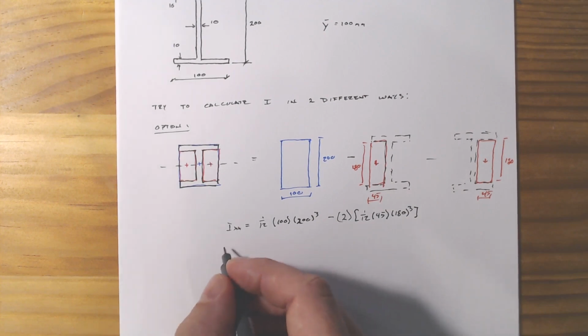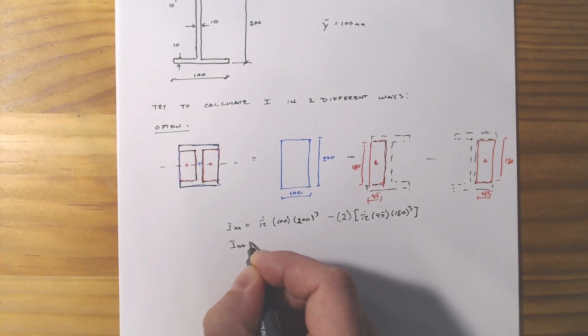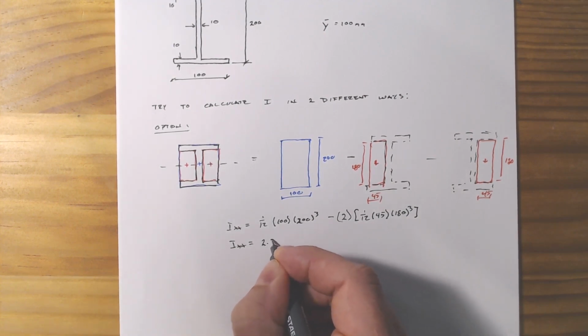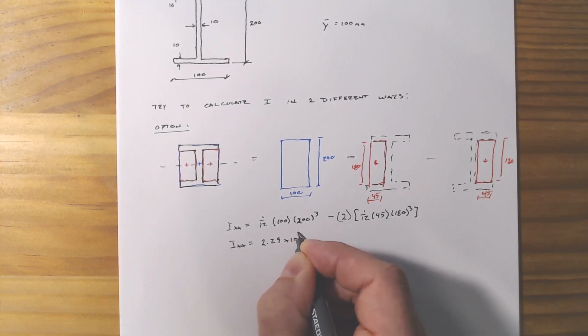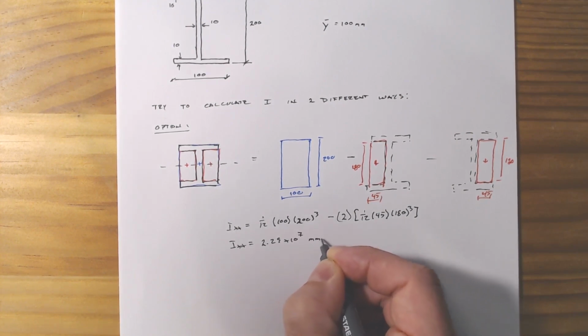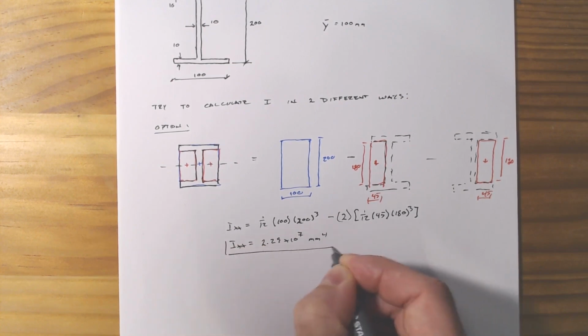And if we work all of that out, we get Ixx equals 2.29 times 10 to the 7th millimeters to the 4th.